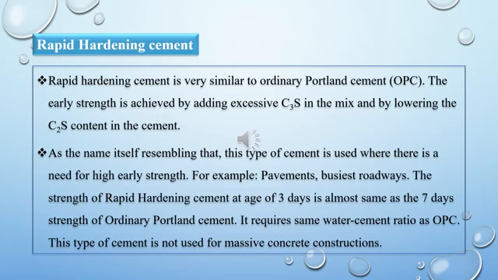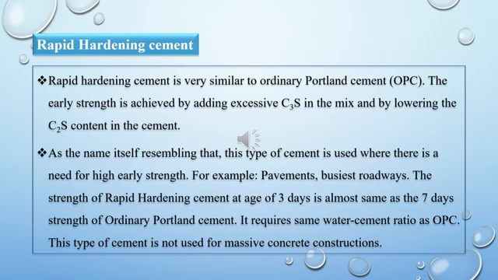In rapid hardening cement and ordinary Portland cement, the ratio of water is the same. But ordinary Portland cement is used for massive constructions, while rapid hardening Portland cement cannot be used for massive concrete constructions. So students, here we have discussed just 2 points.